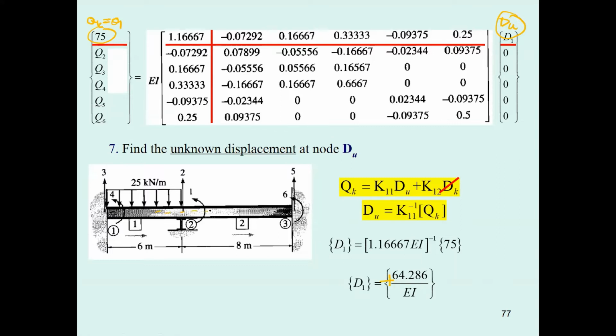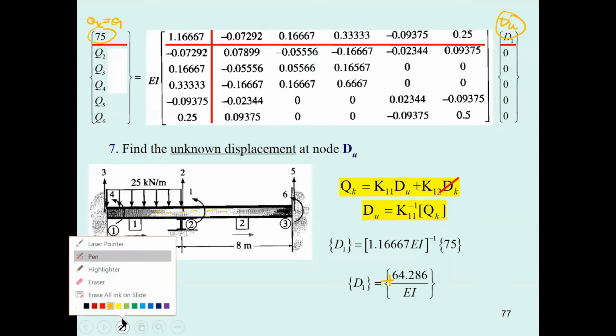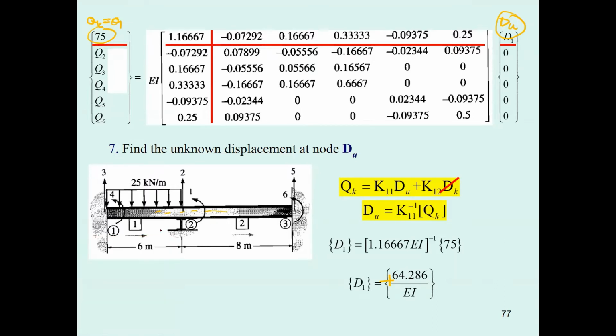So based upon this, the rotation, the slope that occurs here must be in the same direction as the D1.